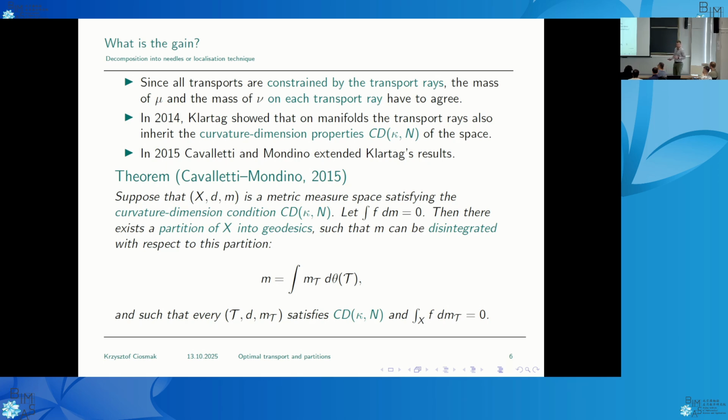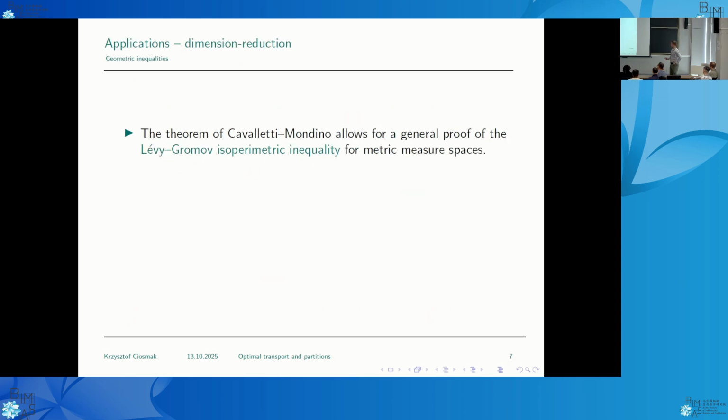So how this theorem is proven is by taking an optimal transport from the normalized measure f plus dm to f minus dm. And so we take this optimal transport, we get the transport rays, we disintegrate, and that's basically it. So why is this theorem interesting?